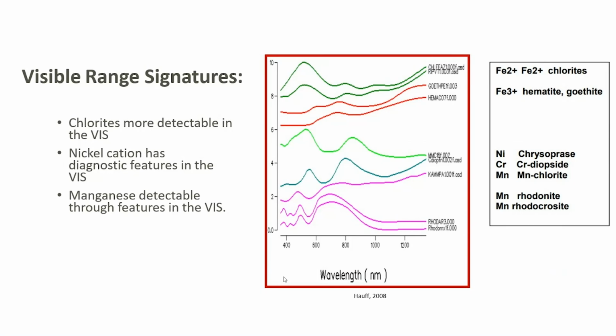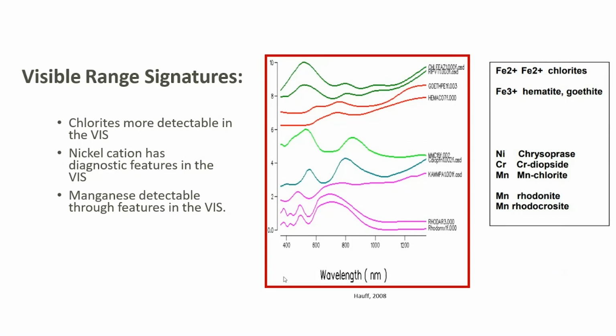For example, chlorites are more detectable in the visible range because there is less interference from other species compared to that in the SWIR range, where their signal is usually low unless those chlorites are the dominant phase.